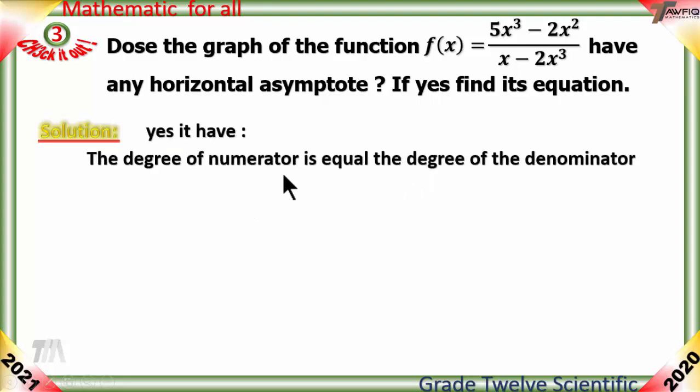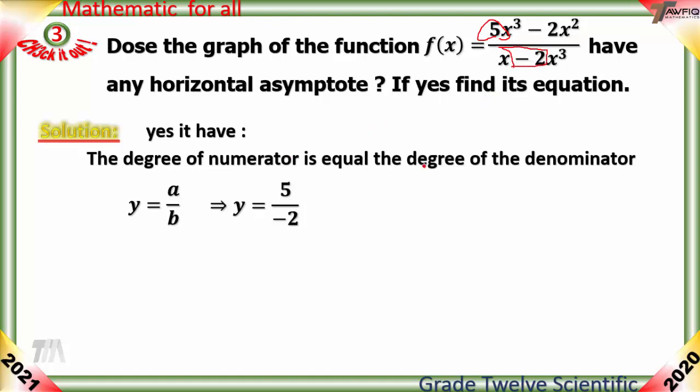The degree of the numerator is equal to the degree of the denominator, so y equals a over b, where a is 5 here and b is minus 2.